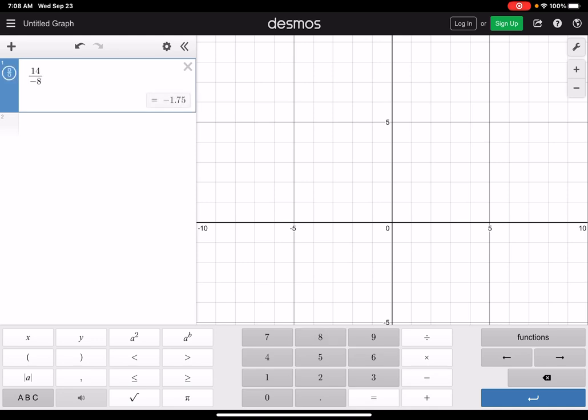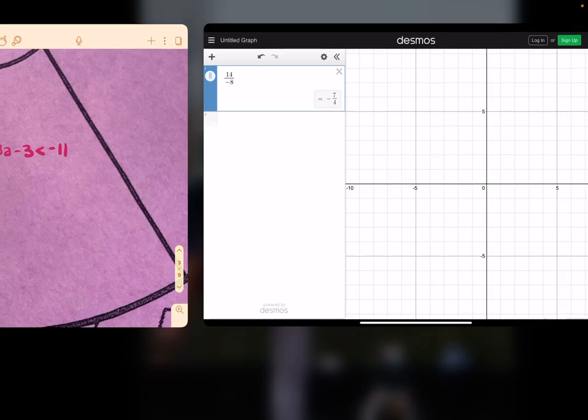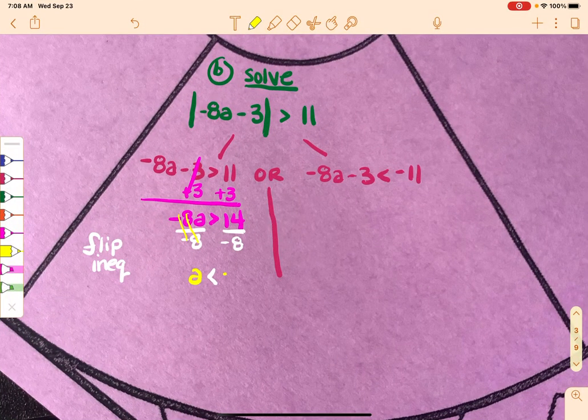Now, remember when this comes up, it's going to give you a decimal. But if you see a fraction bar that's in front, this blue bar has a little fraction icon on it. And if you touch it, it'll tell you what it's equal to. So negative 7/4. So there's my first one.